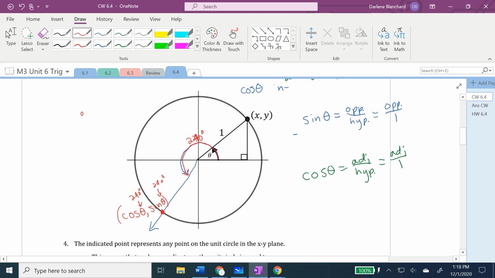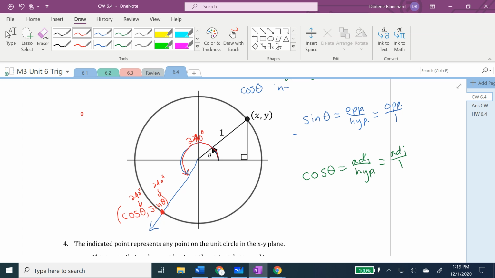Now, I want you to notice that we're in quadrant 3, and in quadrant 3, x and y are both negative. When you have an angle that takes you from the positive x-axis into quadrant 3, you get a sine that is a negative value, and you get a cosine that is a negative value.